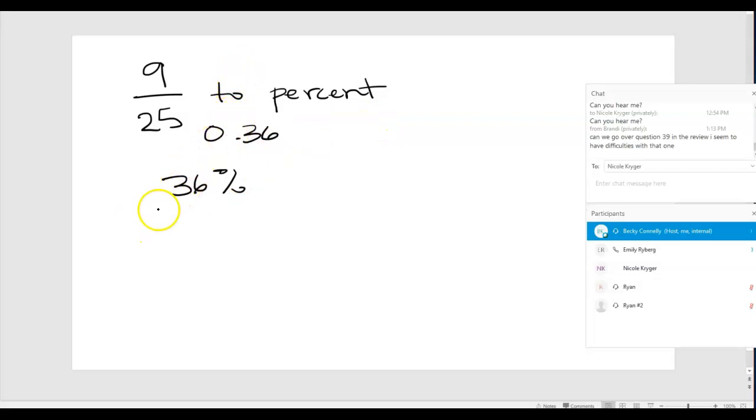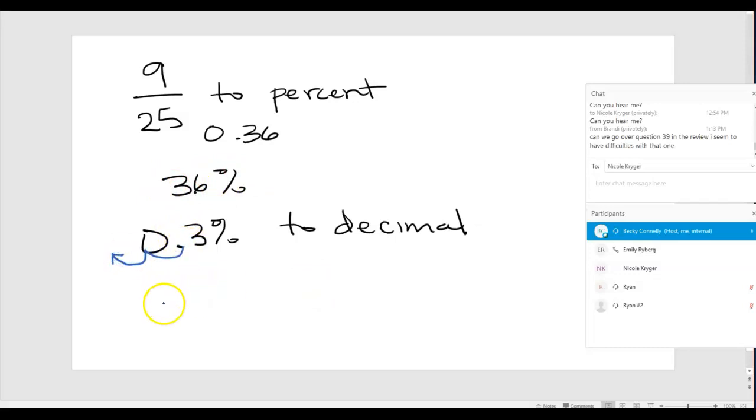So if I say, convert 0.3% to a decimal, right? I mean, it's a percent, there's a decimal in it, but it's still a percent. But if you're going from a percent to a decimal, which way are you really moving that decimal point? Yeah, and it's always two places with percent. So then our answer would be 0.003.